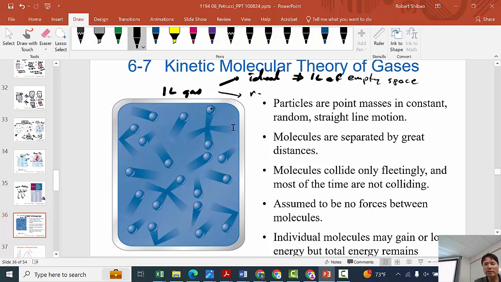So, for real gas, then that 1 liter is equal to X liters of empty space plus Y liters of particle volume.